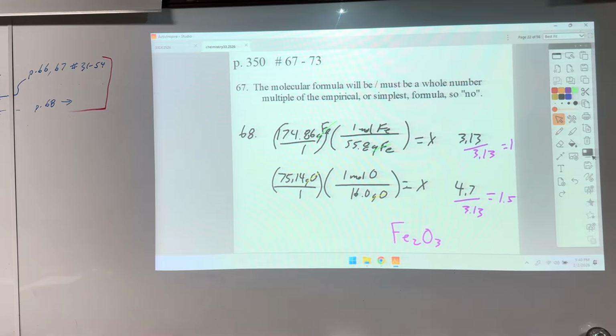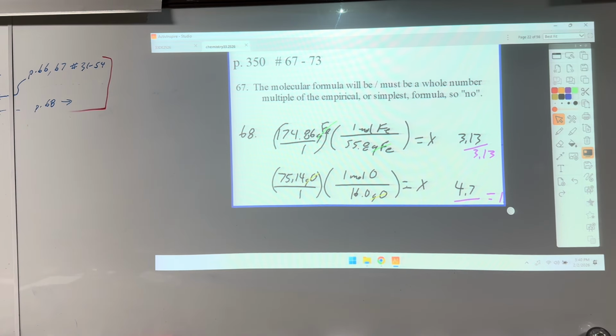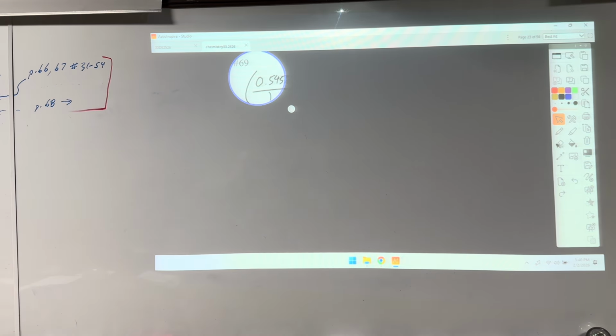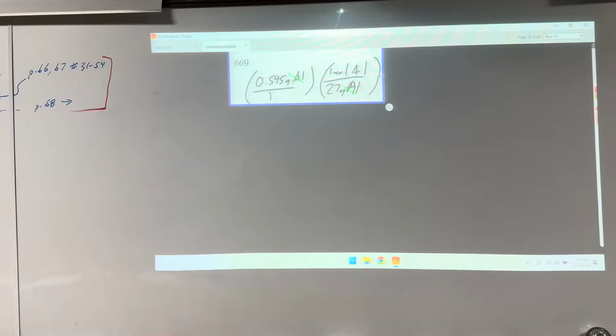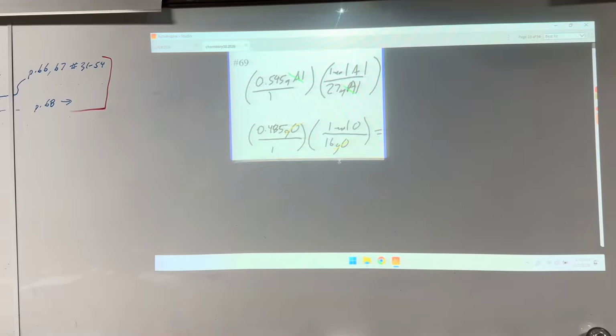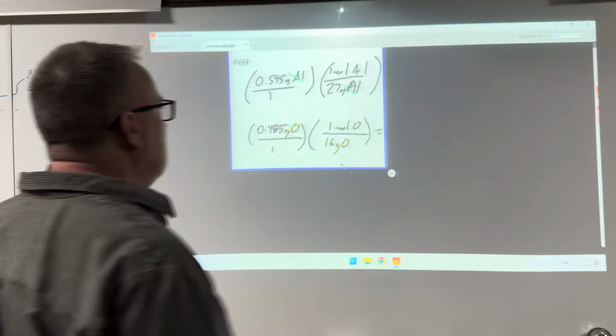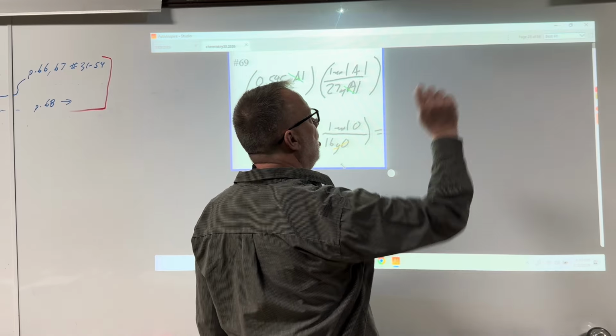Number 68, okay, next one. An oxide of aluminum is 0.545 grams of aluminum and 0.485 grams of oxygen. Find the empirical formula. Okay, you know how to do this. Take your grams, convert them to moles. On the periodic table, oxygen's real close to 16 grams per mole.